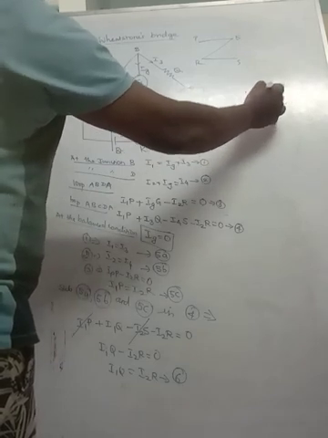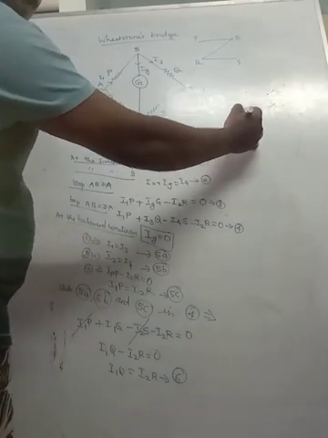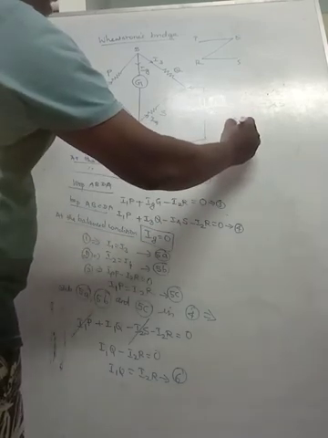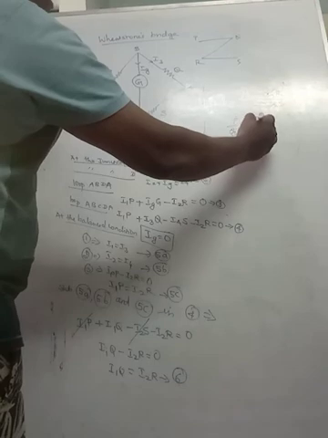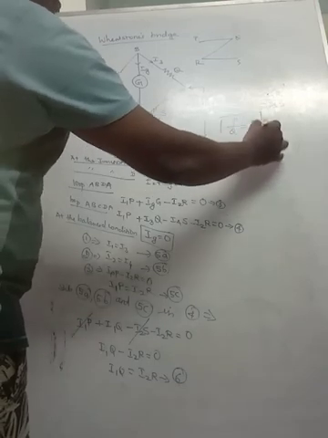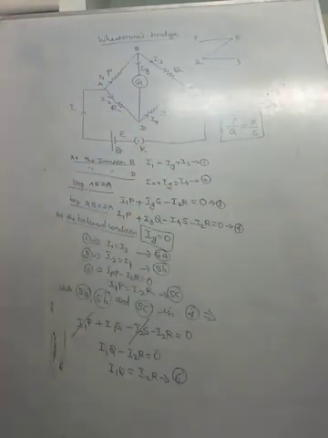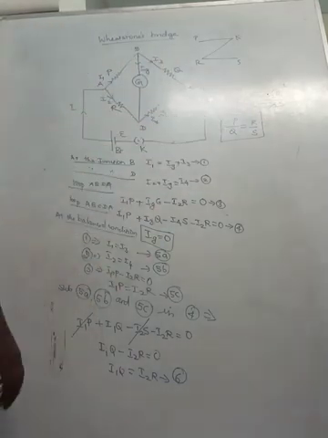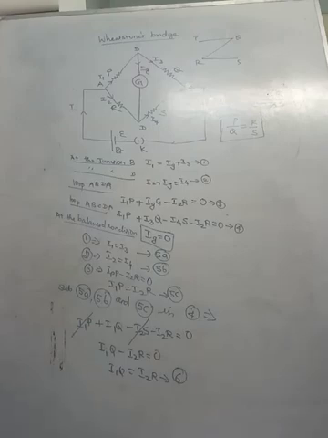So I1 cancels, I2 cancels. Then the remaining will be P by Q is equal to R by S. So this is the balanced condition of the Wheatstone bridge. P by Q is equal to R by S. So that is the condition for the Wheatstone bridge, or you can say the balanced condition of the Wheatstone bridge.